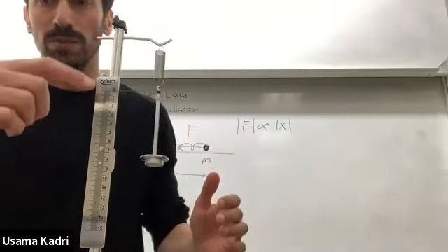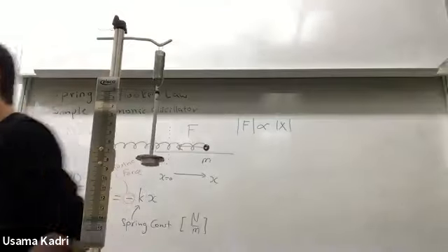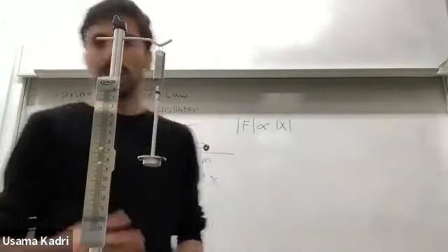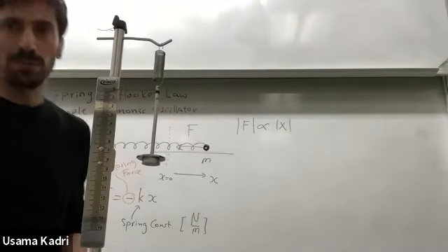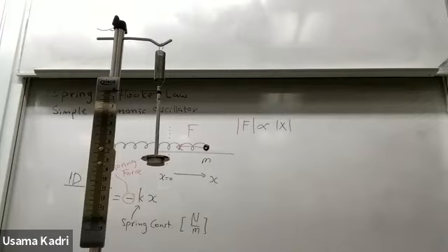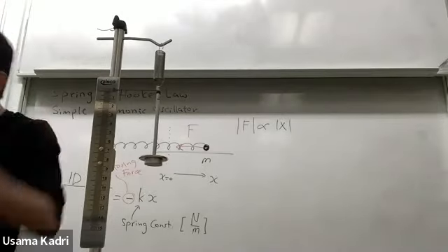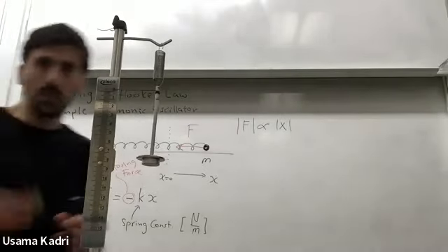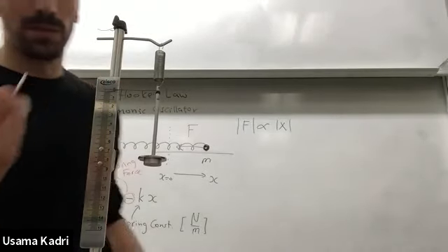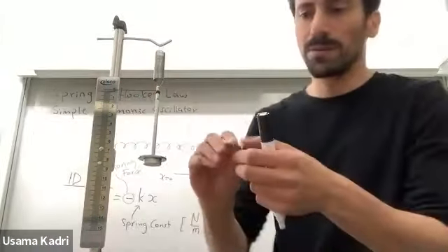Now you see it's more or less on the zero. And in order to calculate the spring constant, what we can do is start putting masses. Now we know the mass here. This is a 10 grams mass. I can add a mass here.